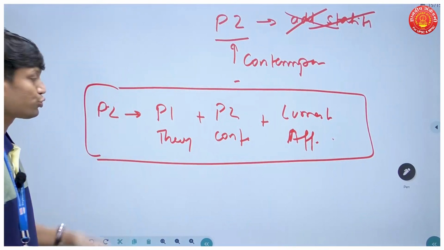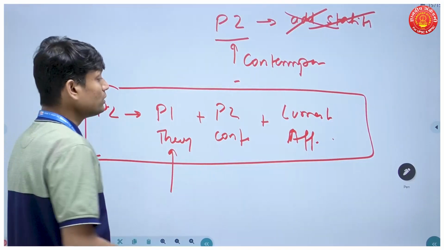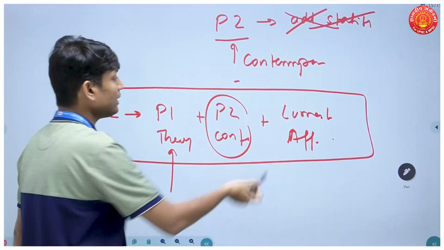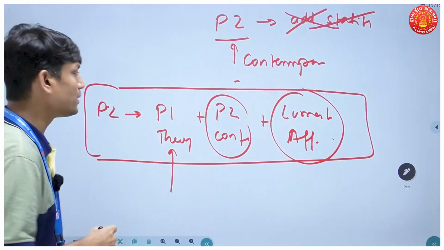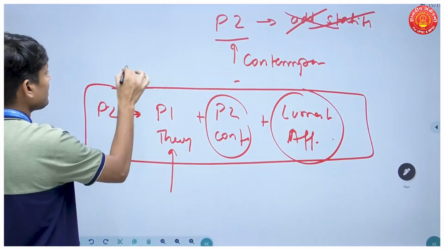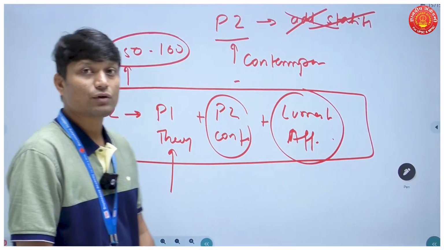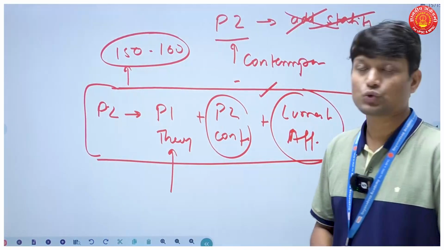Paper 1 theory needs to be introduced in paper 2. Paper 2 content obviously has to be written, but then there is an additional layer of current affairs. If you make an amalgamation of these, there is more likelihood you will get somewhere around 150 to 160 marks, right? That is the key in scoring paper 2.